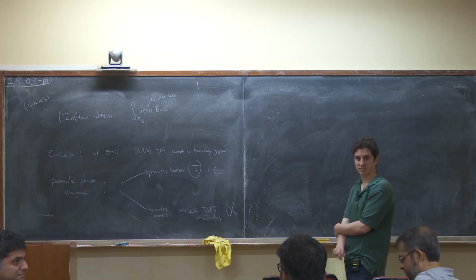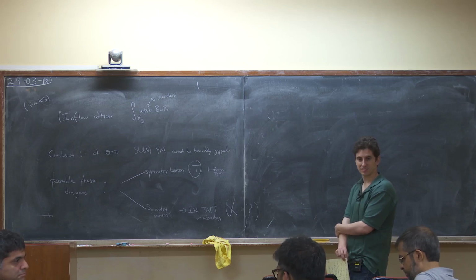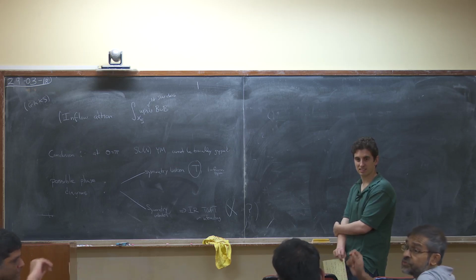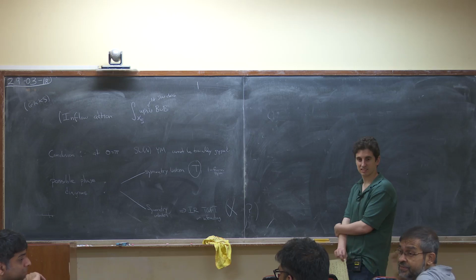The function is a function of theta by n. No, in large n counting, it's n squared times a function of theta by n, and there is no other theta in that formula.